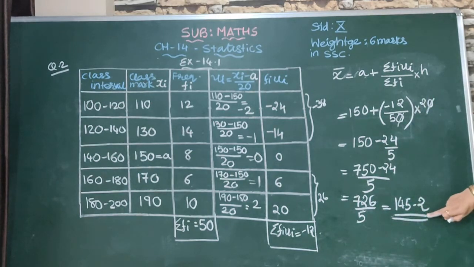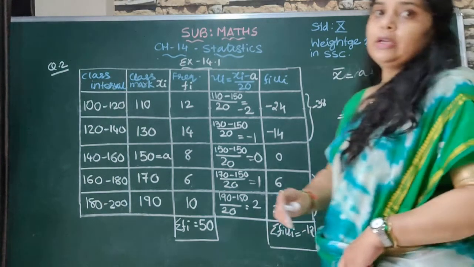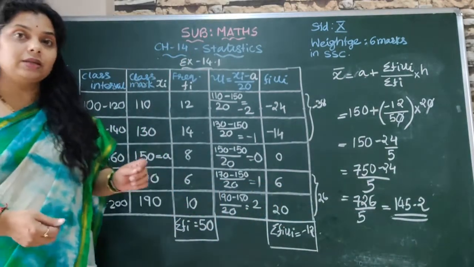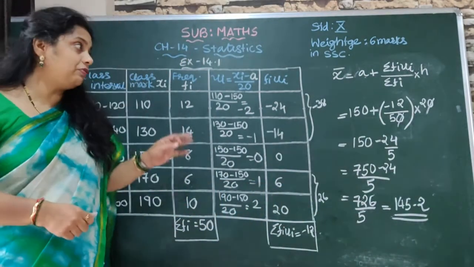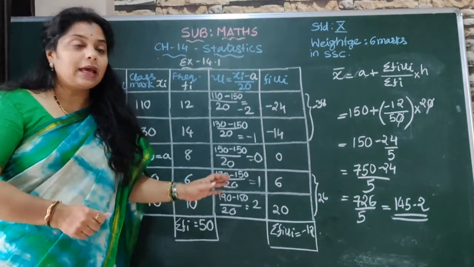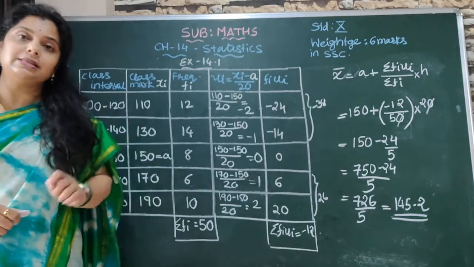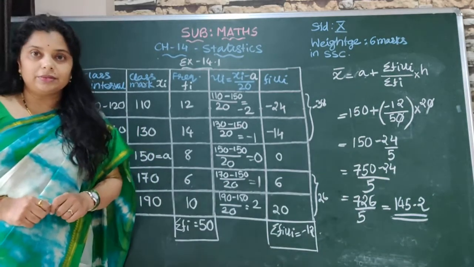So our answer is 145.2. Now I hope it is clear why we have done this method, particularly for this question, and how we can find x bar by the step deviation method.